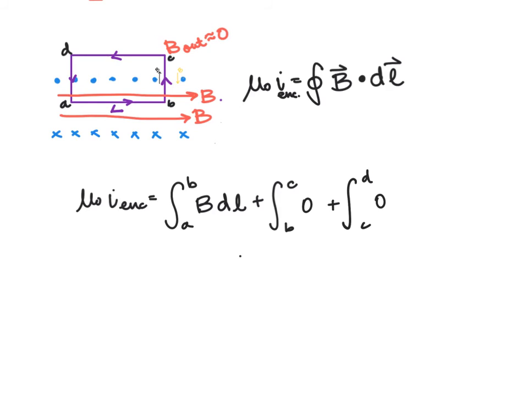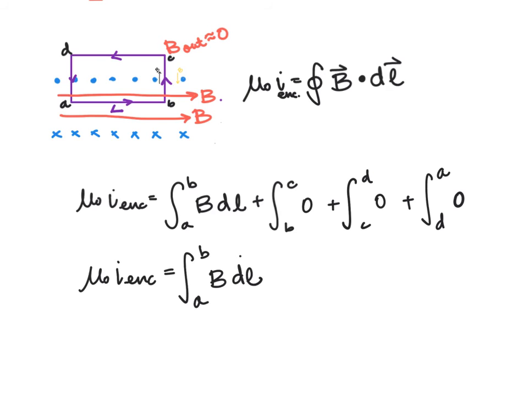And then if I add to that D to A, completing my loop here, I can use the same argument along the D to A line as B to C, that the magnetic fields would cancel out there, and so then I get plus 0 there. So what do I get? I get that mu naught I enclosed is equal to the integral from A to B of B dl.